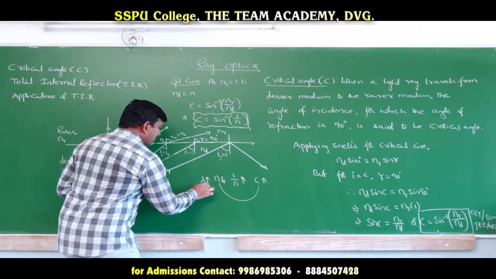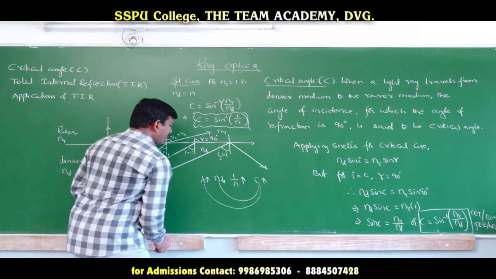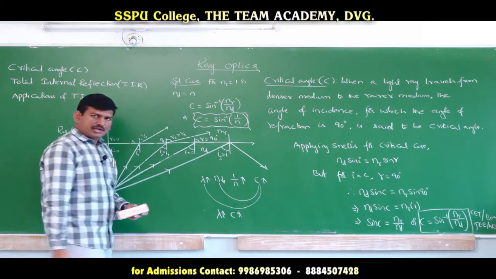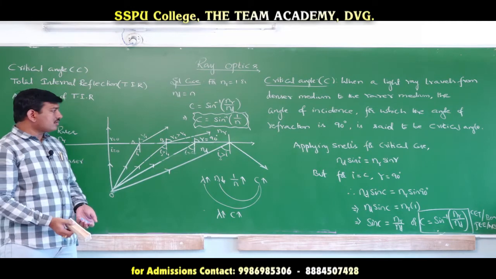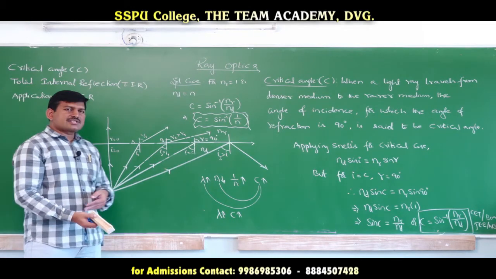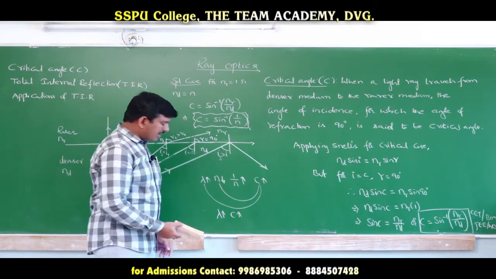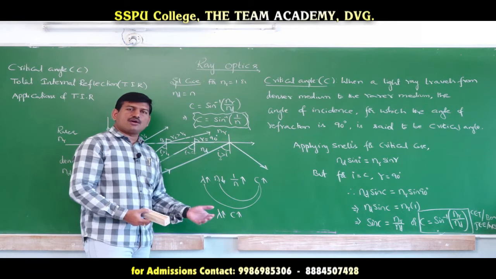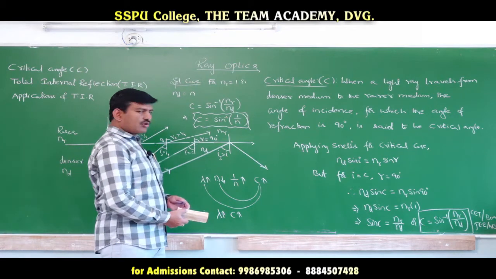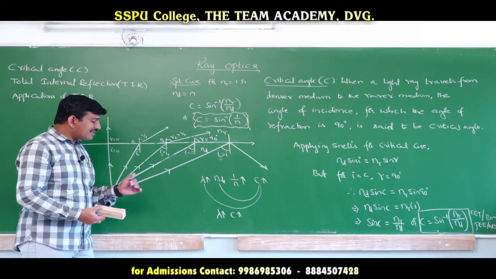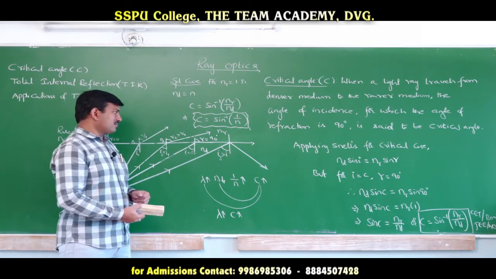So, more wavelength, more critical angle. Among the 7 colors, violet, indigo, blue, green, yellow, orange, red, which color has more critical angle? Critical angle is more for the color having more wavelength. Red has more wavelength, therefore critical angle is more for red color and least for violet color. Is it clear?